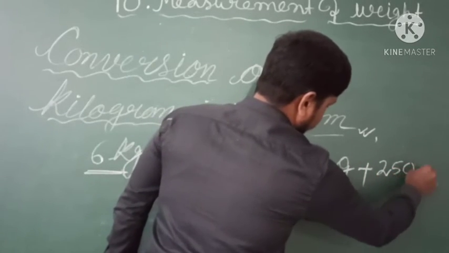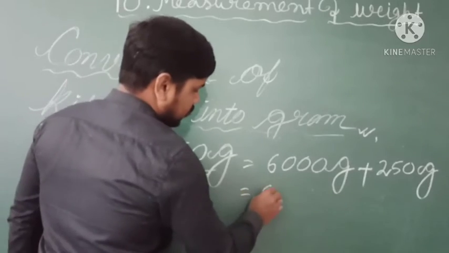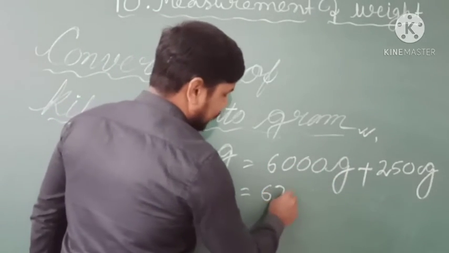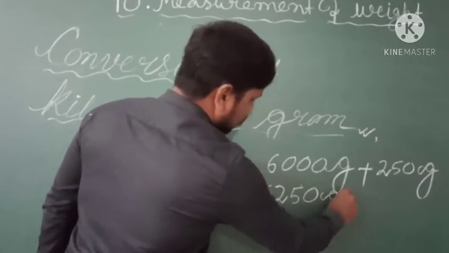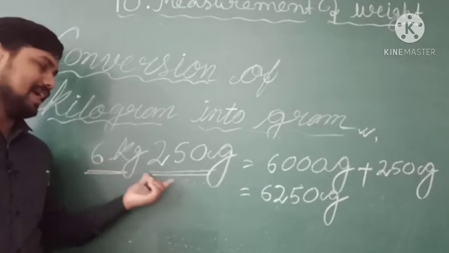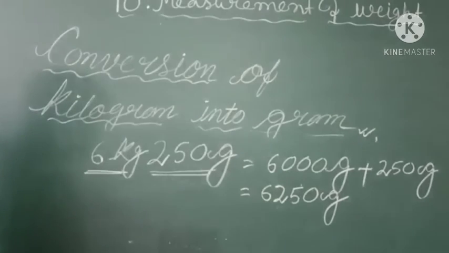Now these two are in the same unit. So 6000 plus 250 is 6250 gram. This is how very easily, that much of 1000 for the kilogram and the rest in gram.